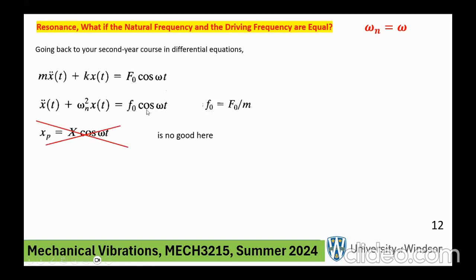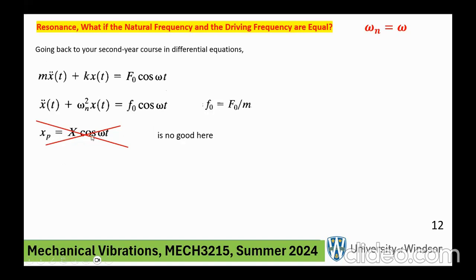Now, if this omega is the same as that omega n, that solution does not make sense. Because what we did in the previous few slides, we showed that if you go by that route, your big X becomes something divided by omega n minus omega, and that thing becomes zero, and that does not make sense.